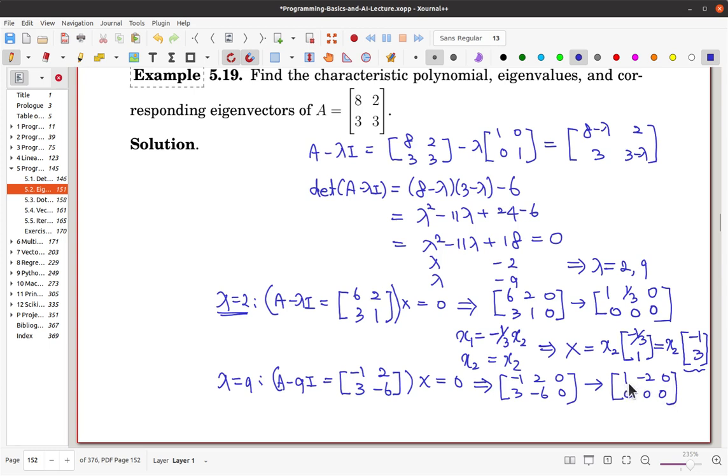That means x1 is 2x2, x2 is x2, so we get x2 times 2 and 1. So we can conclude in this way. Now, these are the eigenvectors for the eigenvalue 9.